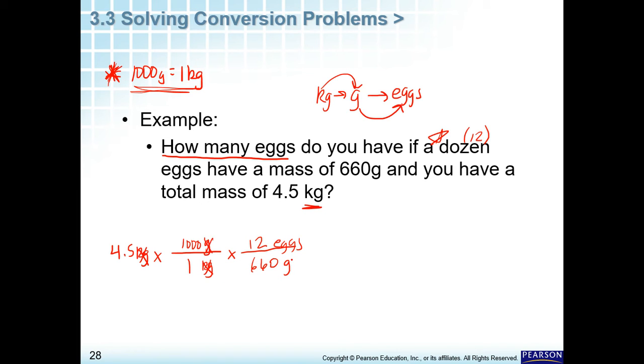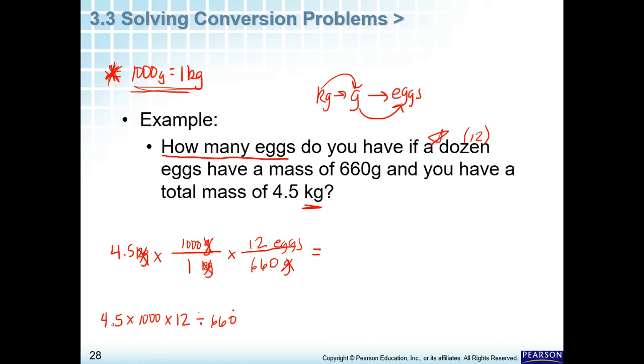This allows me to cancel my grams and get to my eggs. Then you guys can plug this into your calculator. Remember, if they're on top, you multiply, if they're on bottom, you divide, and if it's a 1, you ignore. So this is the same thing as saying 4.5 times 1,000 times 12 divided by 660 because that's on bottom.